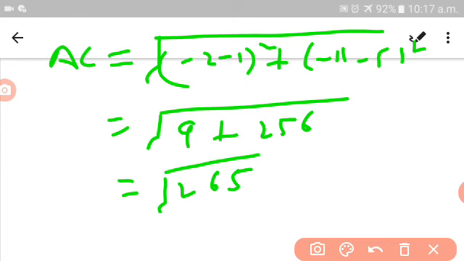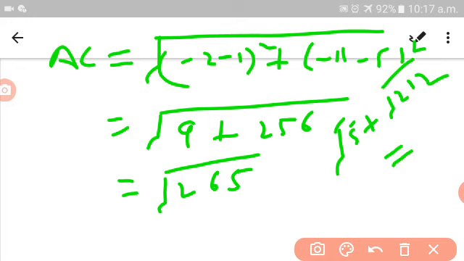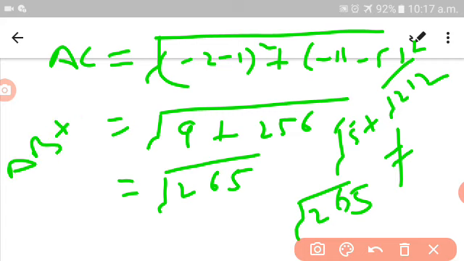Now you can add root 5 plus root 212 and compare it with the value of root 265. When you find out the whole values, these values will not be equal. So we can say that AB plus BC is not equal to AC.